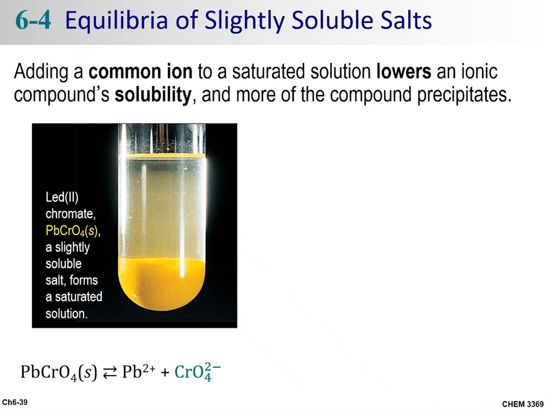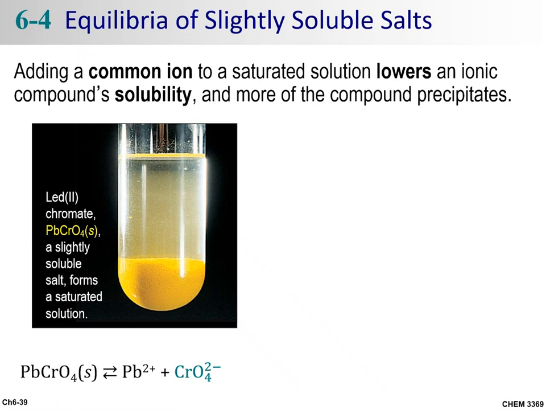Now, the common ion effect is also going to affect the solubility, but in the other direction. If you add a common ion to a saturated solution, it will lower the solubility of the ionic compound, and you will see more precipitate in the solution.